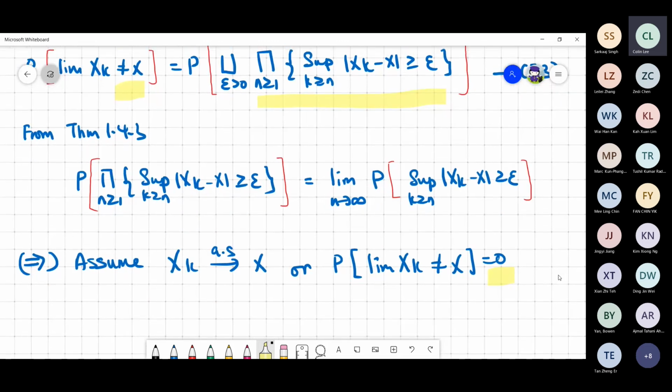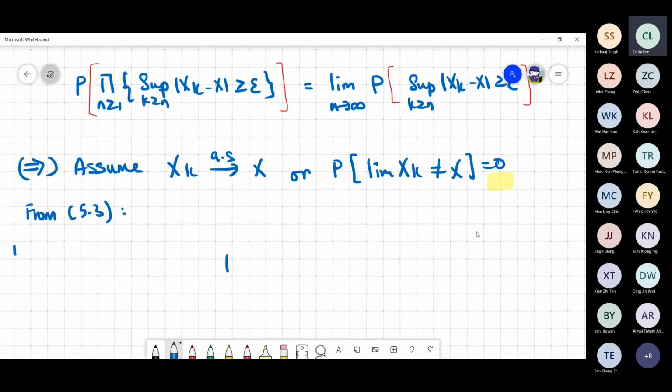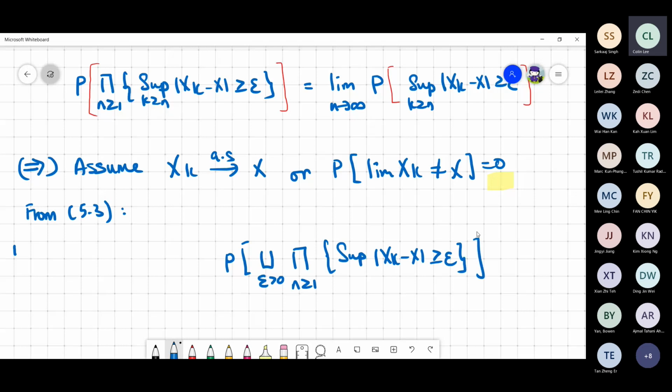According to these assumptions, we can have this from our 5.3, the probability of this must be equal to 0. And if you look at this, we can have this must be less than this.